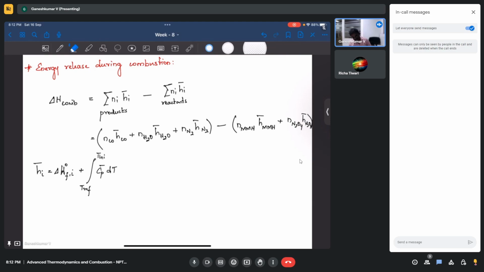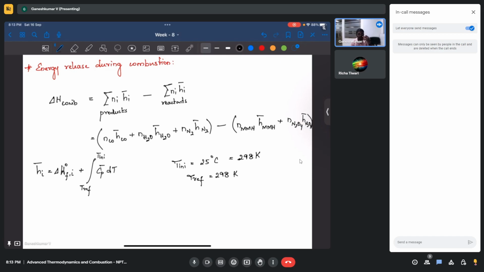In our case, the initial temperature is given as 25 degrees Celsius, so you can write it as 298 Kelvin. We know that T ref is 298 Kelvin. So basically, this part goes away for reactants.